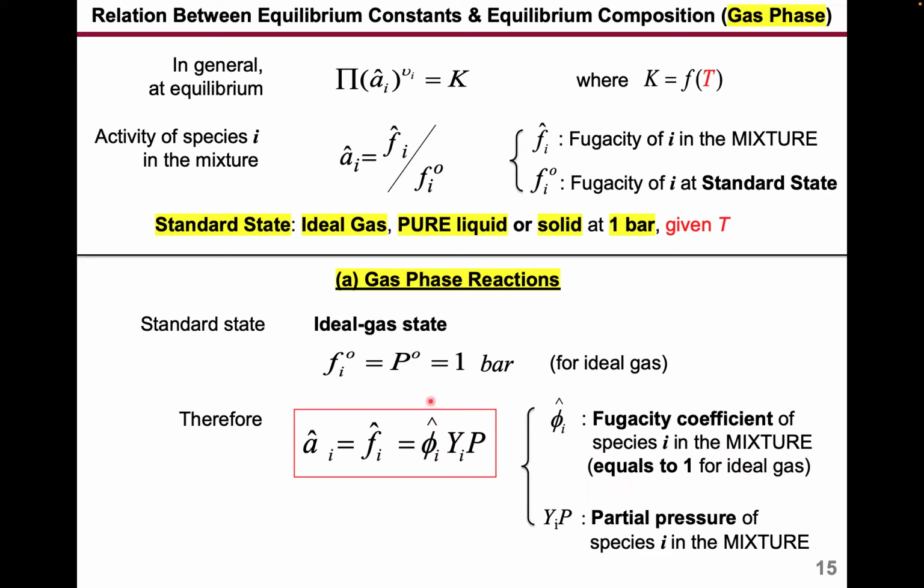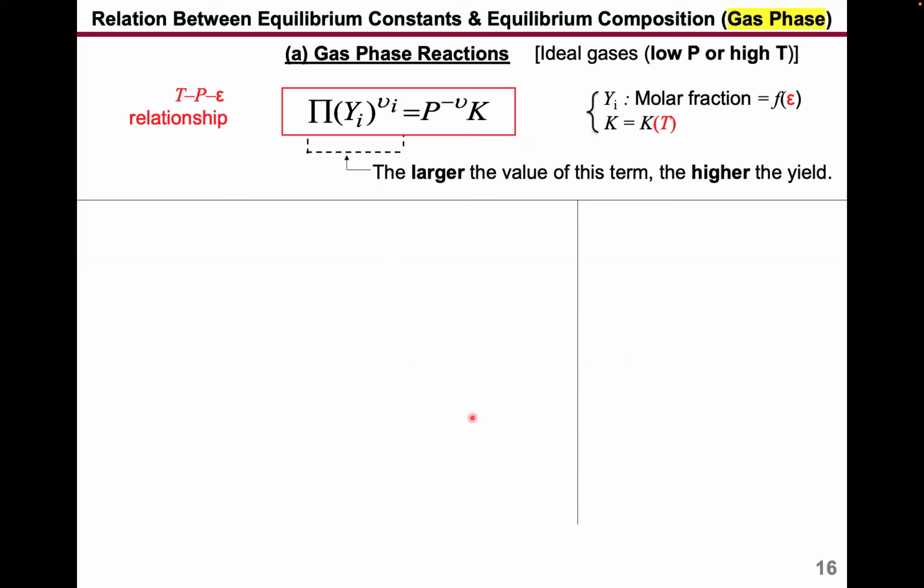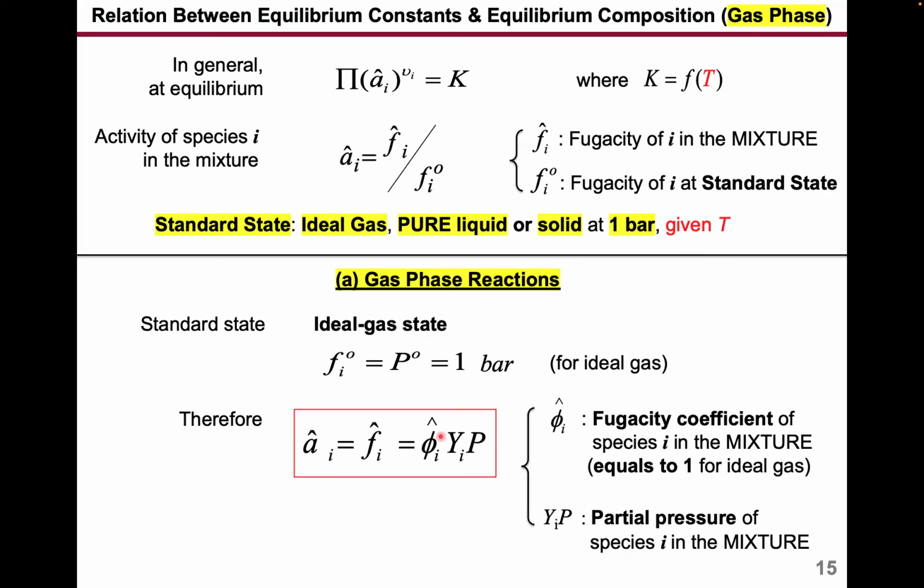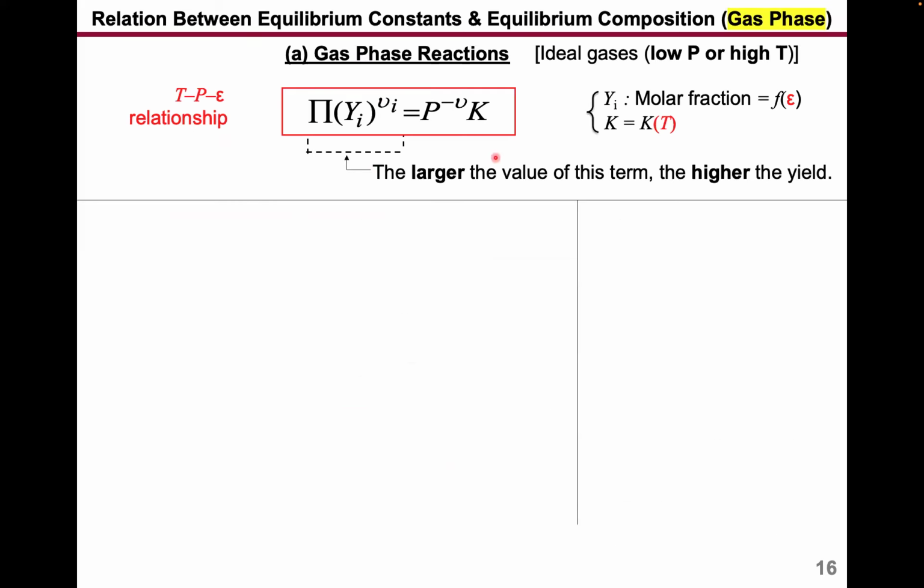In this particular case, if we assume the ideal gas state, then this phi_i hat is equal to 1. So alpha_i is just equal to y_i P, which is the partial pressure of species i in the mixture. Now if we assume the ideal gas state, this value goes to 1, and you can plug this back into the equation and rearrange it.